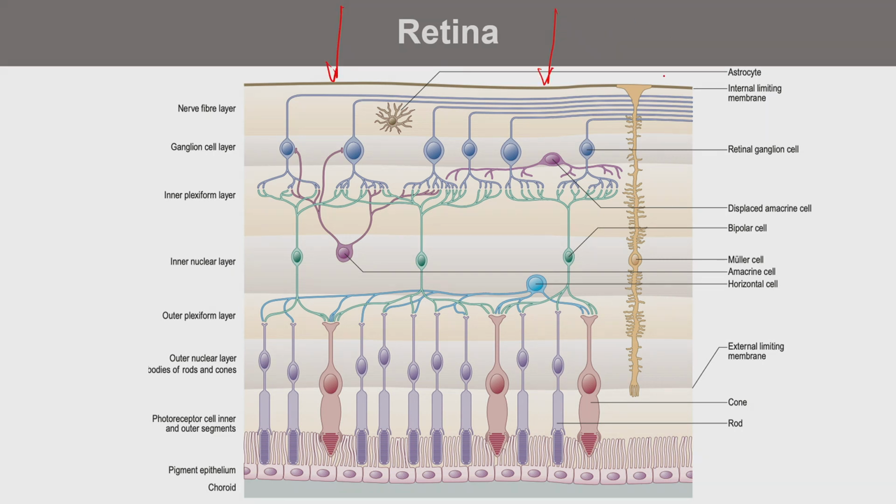So here is a retina. This is the inner, and this is the outer layer. Retina has a very specific structure, and here in inner we have a vitreal body, and here we have uvea.